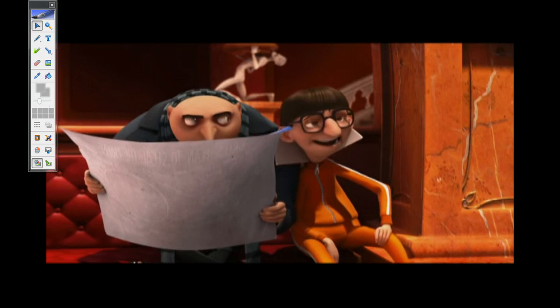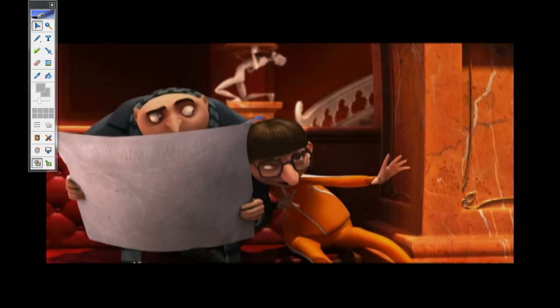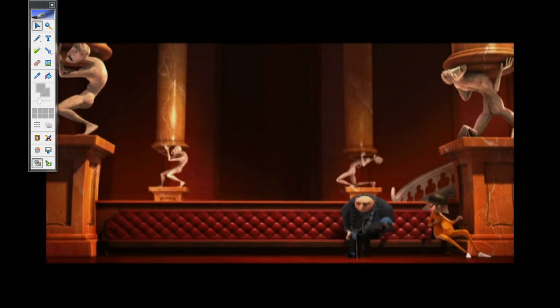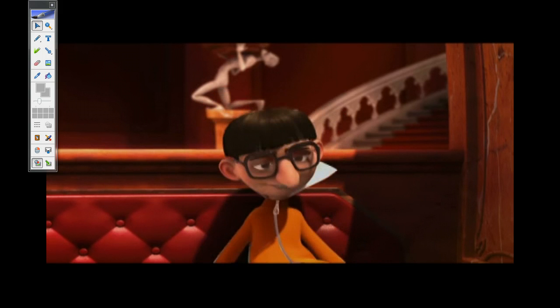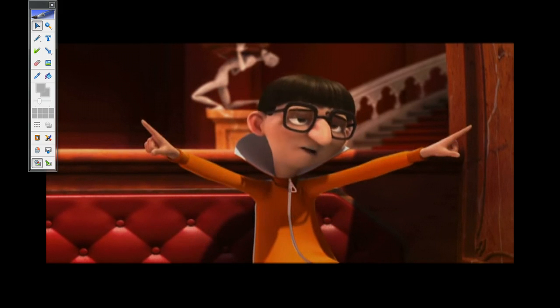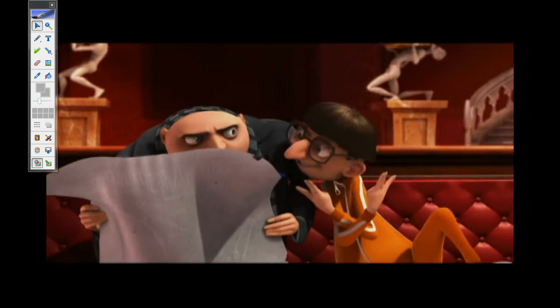I'm applying for a new villain loan. Go by the name of Vector. It's a mathematical term, a quantity represented by an arrow with both direction and magnitude. Vector!